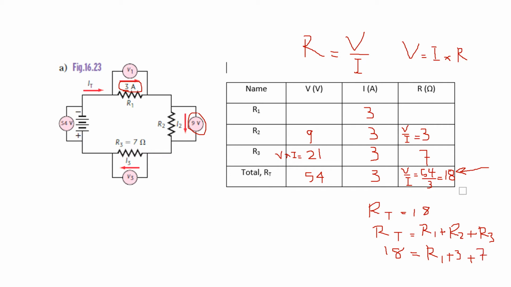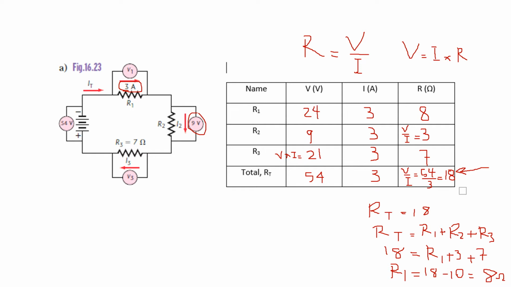So something plus 3 plus 7 is equal to 18. That means 18 minus 10, so your R1 is equal to 8 ohms. So here's my R1, 8, and then you can use Ohm's law again: V is equal to I times R, so 3 times 8 is 24.